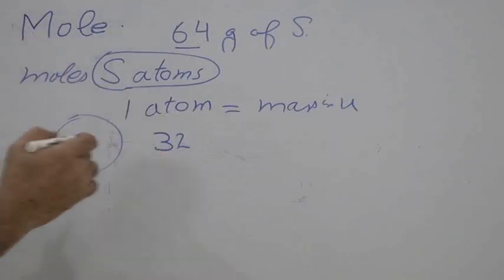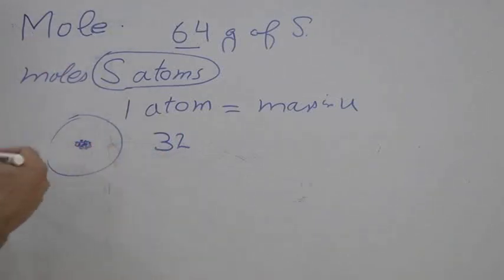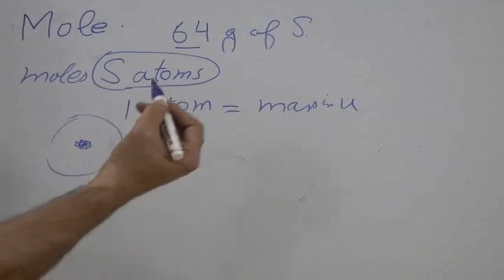32 is the mass number of sulfur, and its mass would be 32 point something.